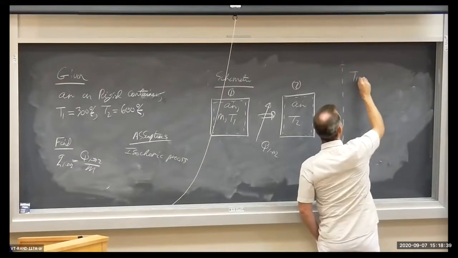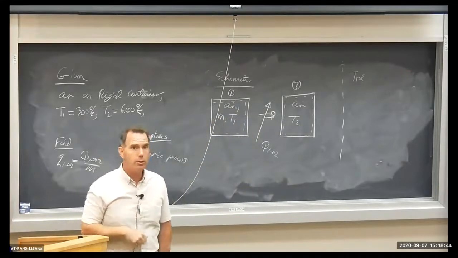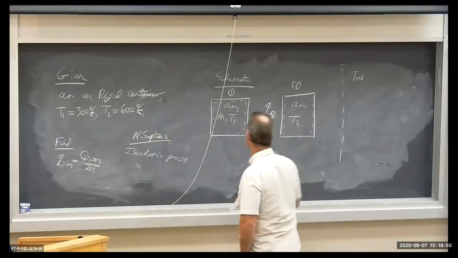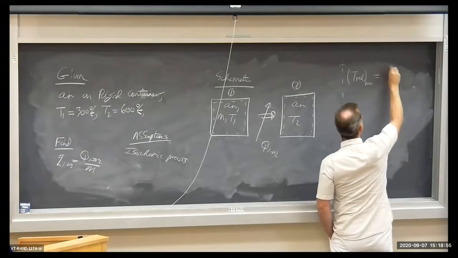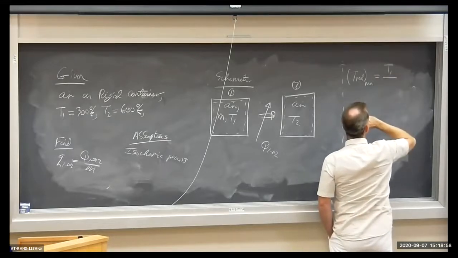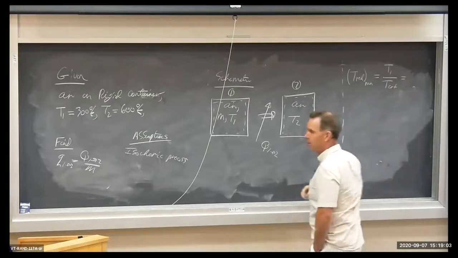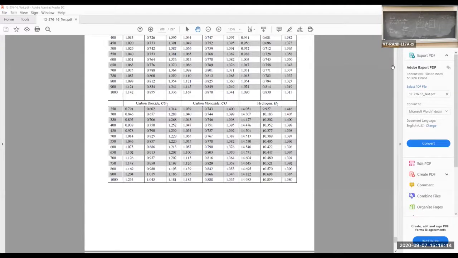Remember, the ideal gas law is valid when T reduced is greater than 2. The lowest T reduced value corresponds to 300 K. T reduced min is equal to T1 over T critical. So what's the critical temperature for air?